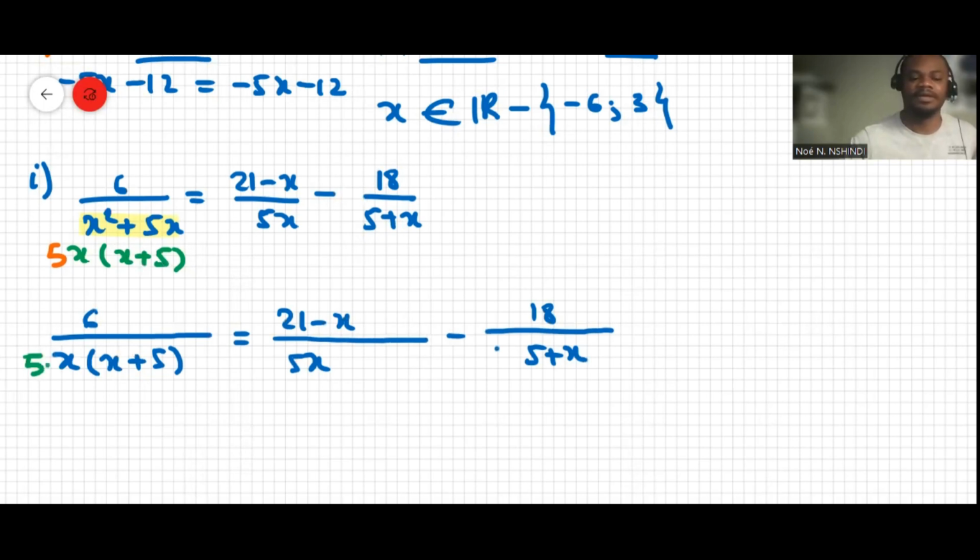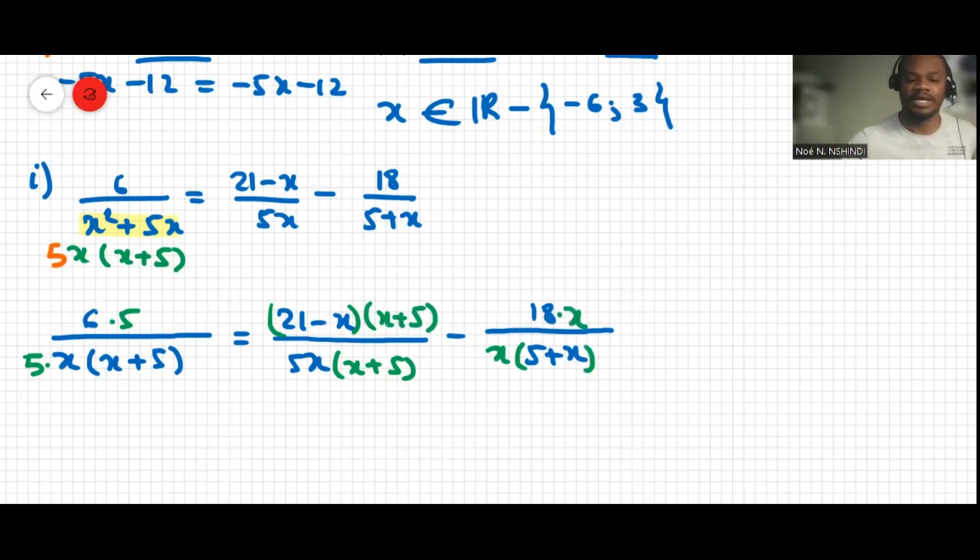I'll times by 5 here, and then times by 5 there also, and then here I'll times by x plus 5, I'll do the same at the numerator, x plus 5. And then over here also we times by x. There also we times by x.